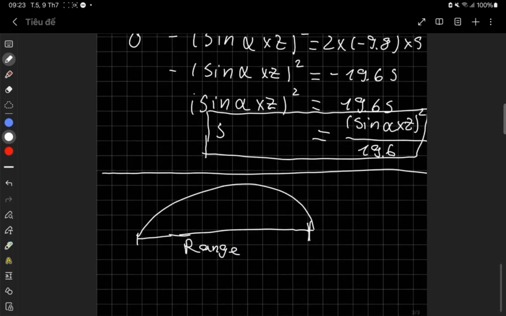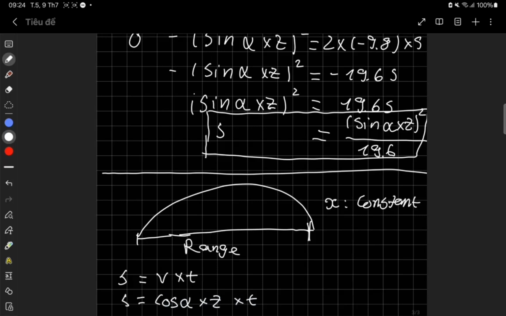So we already knew that the horizontal velocity is constant. So we use the simple distance formula, the most simple one, which is distance equals velocity times time. And this velocity is of course the horizontal initial velocity, so it would be cos alpha times z times t.